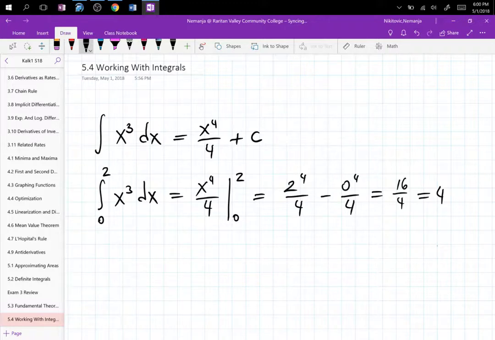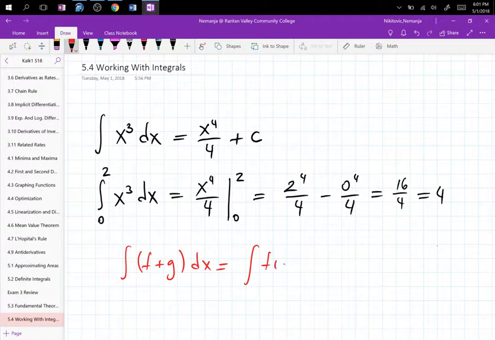Now there are certain formulas for definite integrals that you should know. One of them is a linearity formula, which says that the integral of functions f plus g, you can do integration of each of these functions independently. And you can do that for subtraction as well, so plus minus.